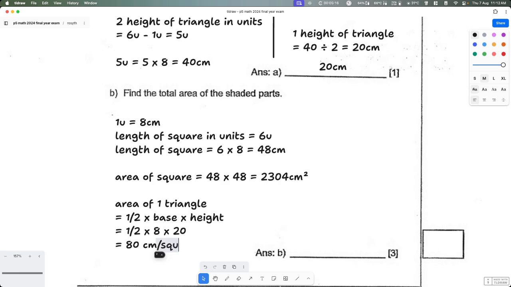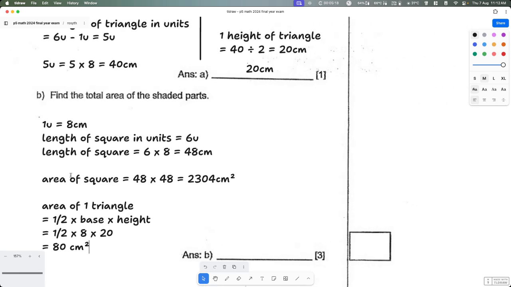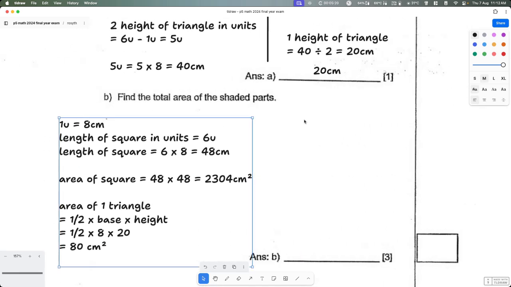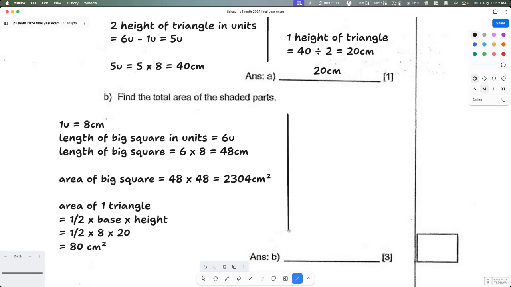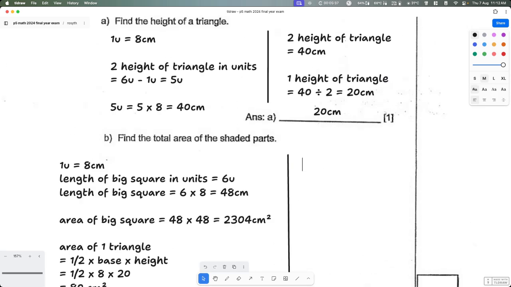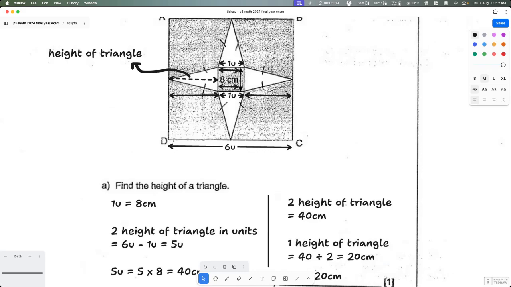Okay, so now we know the area of the big square. The next thing is the area of the small square. Actually, we don't need that.